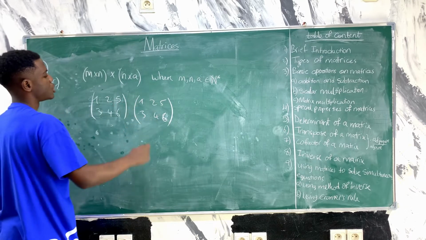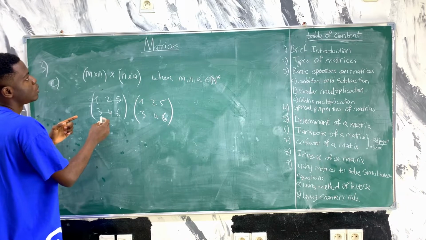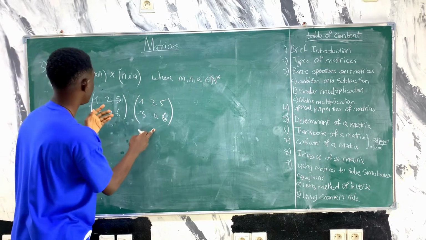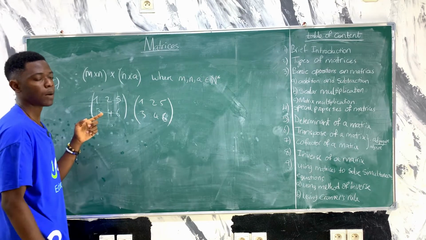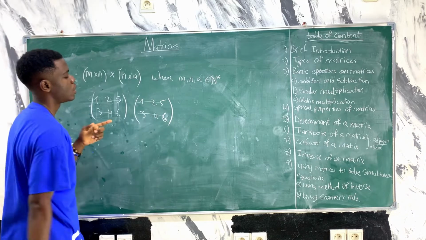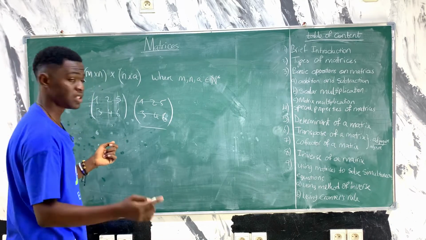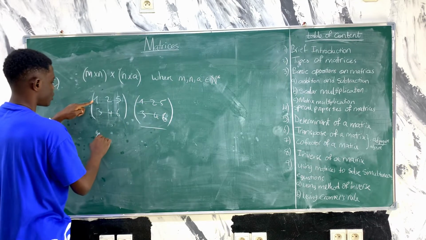This cannot be multiplied because the number of columns of the first matrix is not equal to the number of rows. How many columns are here? 1, 2, 3 columns. How many rows are here? 1, 2 rows. If there were 3 rows, they would have been able to multiply. Let's see why you cannot multiply. When you multiply, you do this times this, and you have your answer as 1.